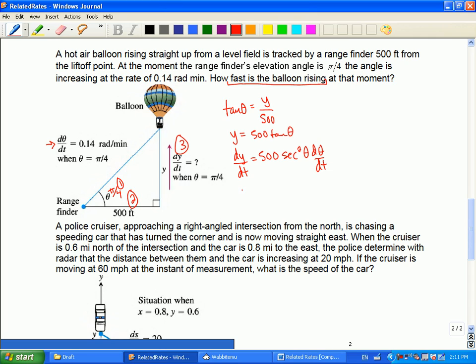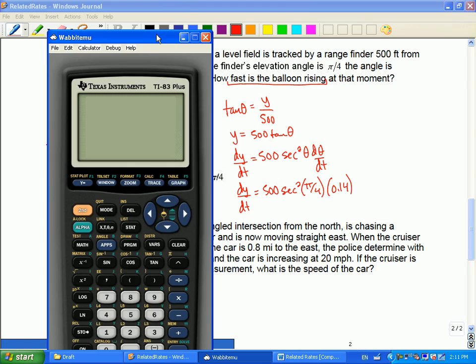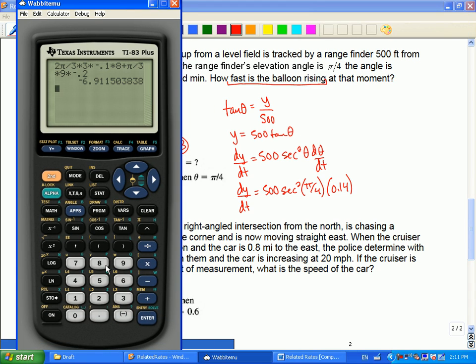So here I can put in, I know all those values, 500 secant squared pi over 4. And the rate of change is 0.14. So we have 500 times 1 over cosine pi over 4, all squared.